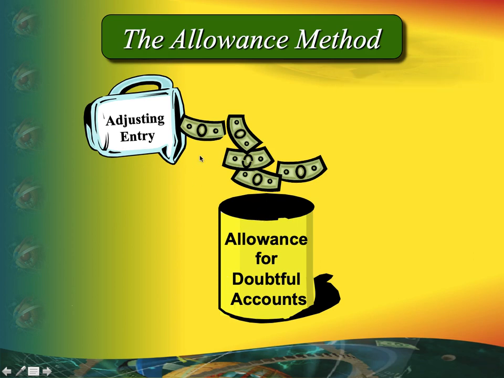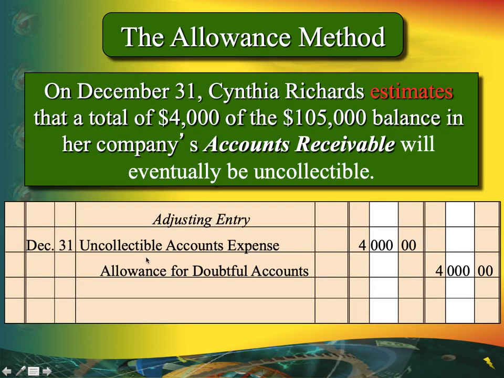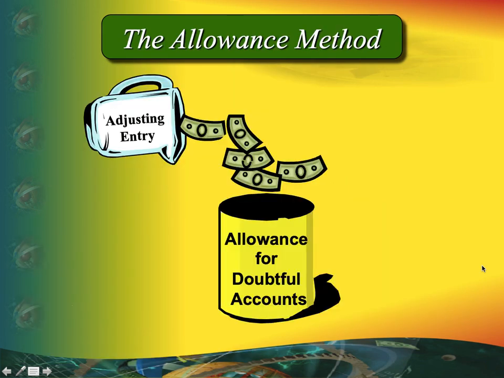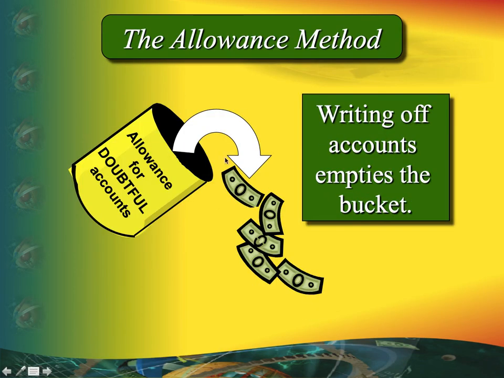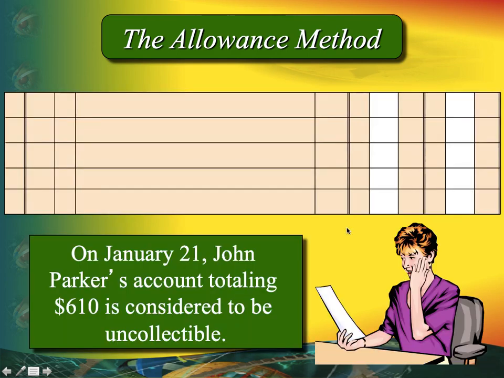The adjusting entry you create here will add to your allowance balance. Okay, your allowance balance will be increasing. Now, when you are using your allowance, your bucket will be decreasing. So the writing off of accounts will empty your bucket.